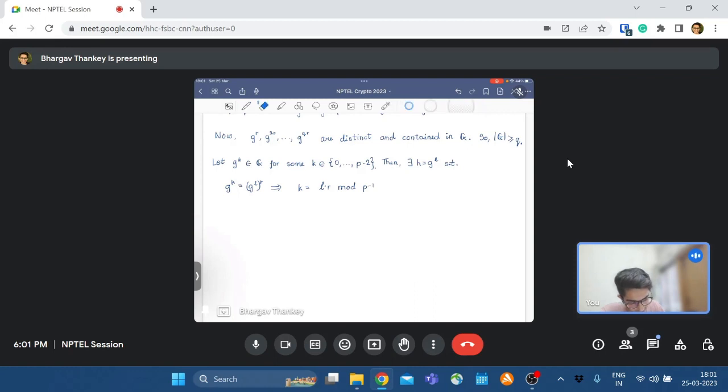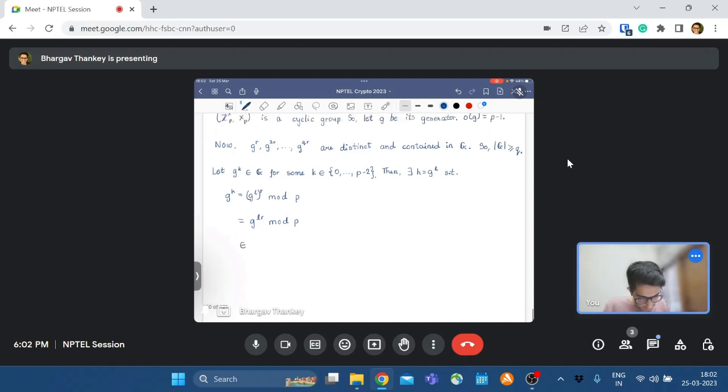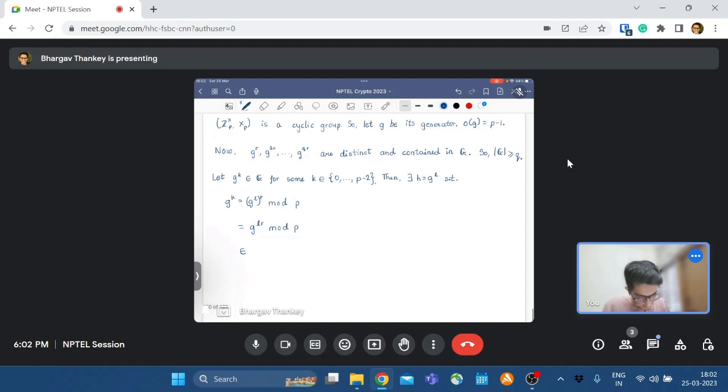Oh wait, no, I should write it like this. So we have that g to the k is equal to g to the LR mod P, and hence g to the k is contained in this set.